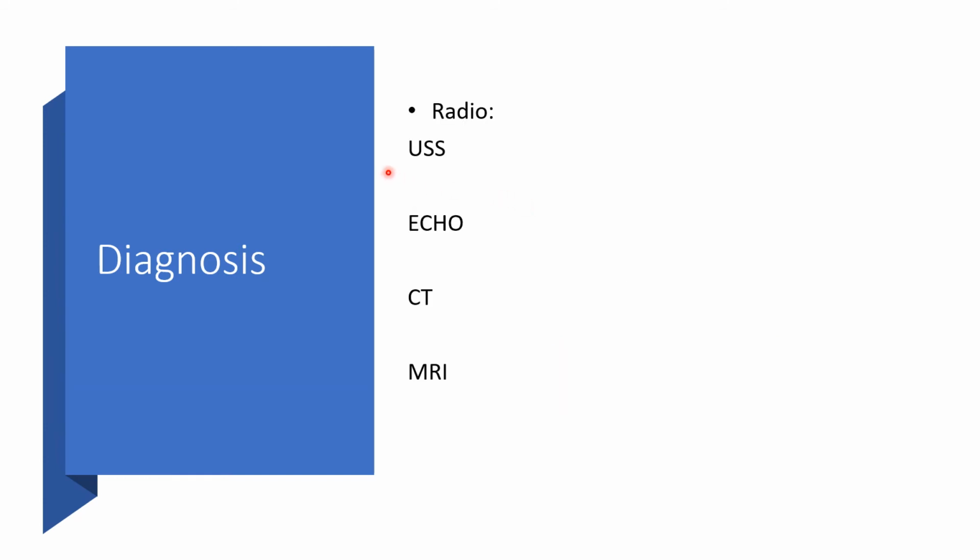And finally, on diagnosis, we can have radiological investigations done, starting from the most available and going up, that is ultrasound. Now, we want to see what's happening to the spleen, to the liver, to the kidney, to the abdomen generally. And you can have your echo that will help to look more into the heart, right?